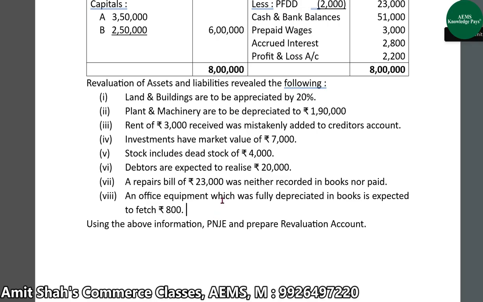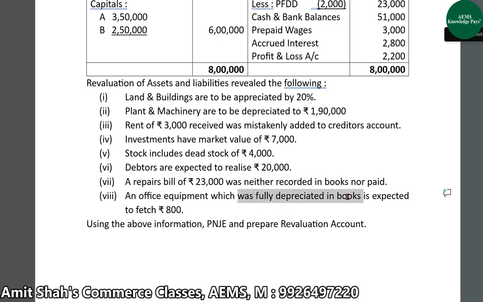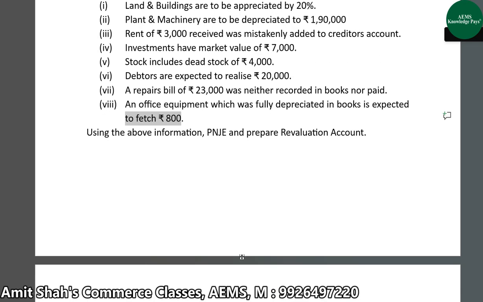Right? Okay, the last point of profit is here. There is an office equipment which has been fully depreciated in books. It means it has zero value in books. But since it is available in the business physically, it can fetch rupees 800. So we will not sell it as of now.